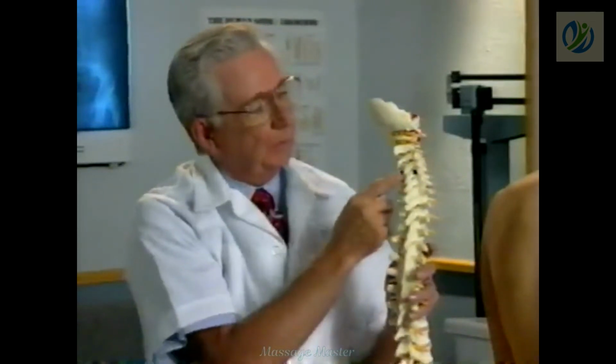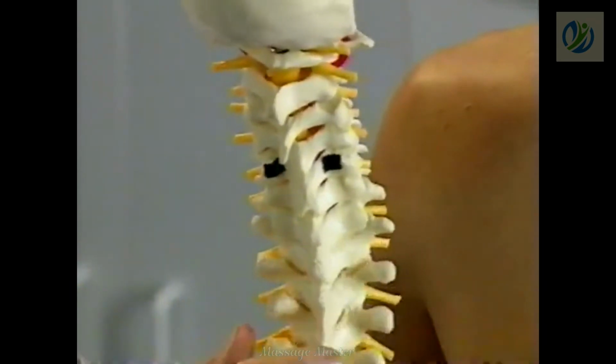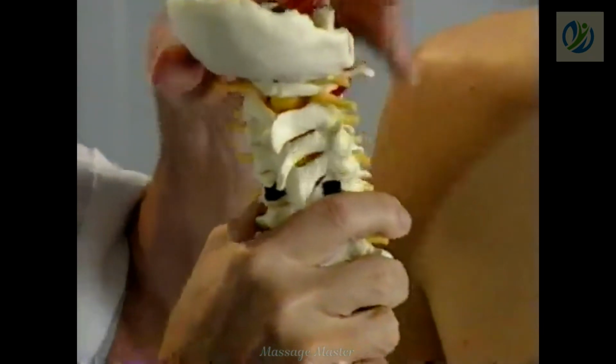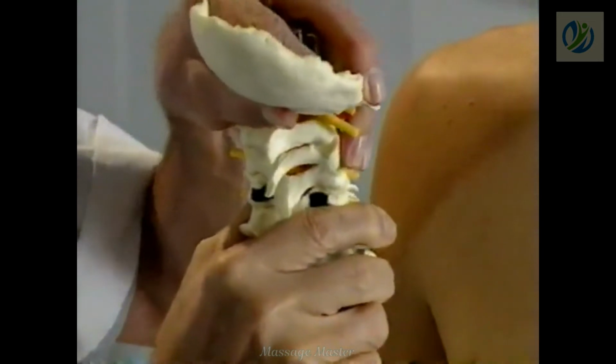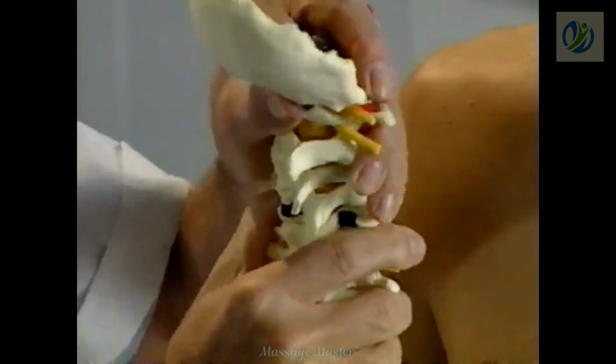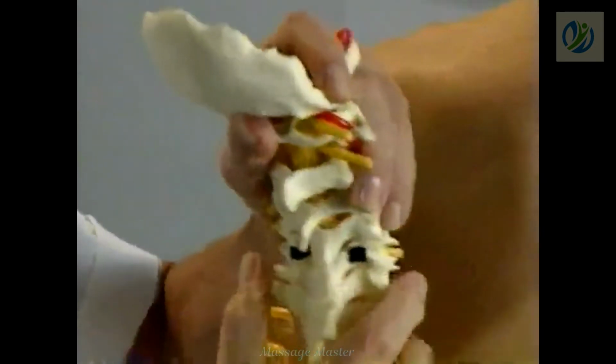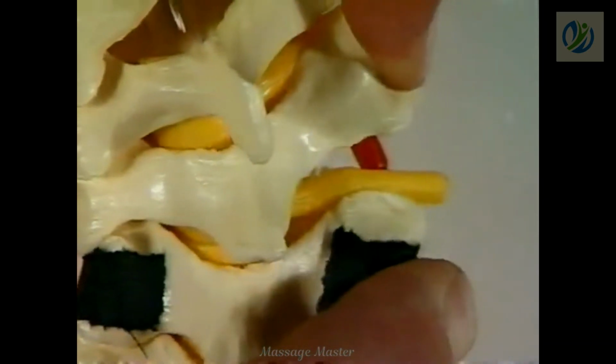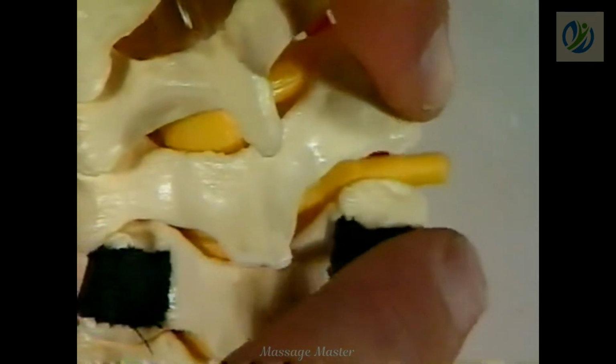Now, for the diagnostic process, we need to evaluate forward bending, backward bending, and the combined side bending and rotation to the same side. If we evaluate side bending by introducing translation from left to right in this fashion, we are closing the facet on the left side and opening the facet on the right side.